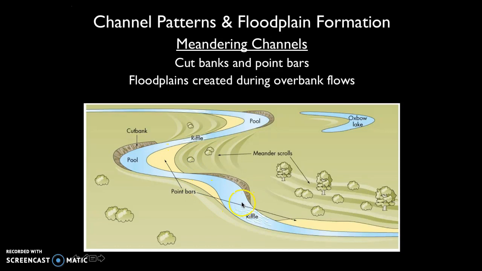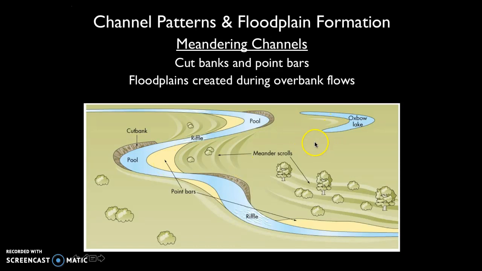And high velocity, you're going to get a lot of erosion on these cut banks. That's what they're called. After a cut bank and point bar feature, you're going to get another riffle and then a pool where you have, again, a cut bank on the high velocity side and a point bar on the low velocity side.